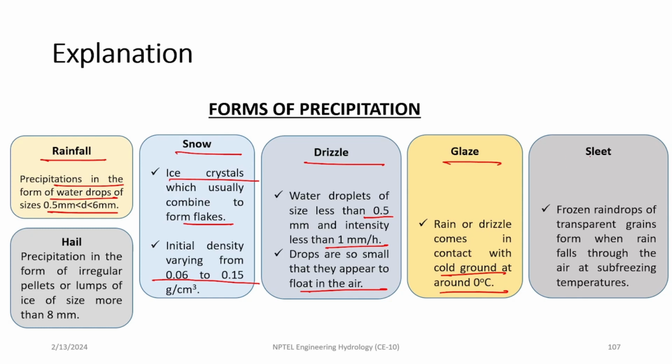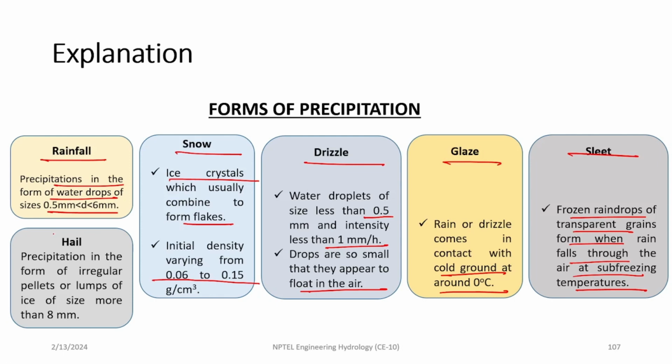And if you are talking about sleet, sleet will arise when frozen raindrops of transparent grain form when the rain falls through the air at sub-freezing temperature. So we will have sleet as the answer to this question.